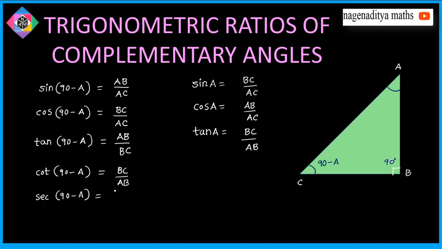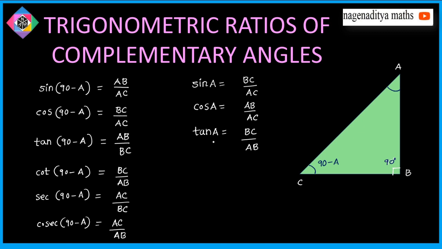That is hypotenuse by adjacent side. Hypotenuse is AC and adjacent side is BC, so this is AC by BC. And what about cosecant of 90 minus A? That is hypotenuse by opposite side, so AC by AB.